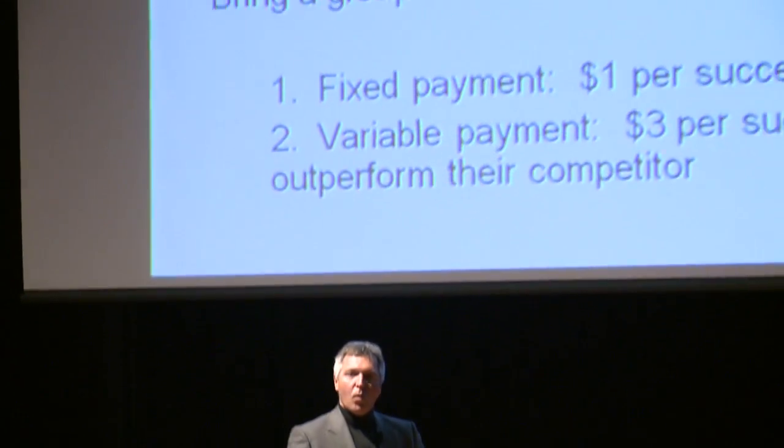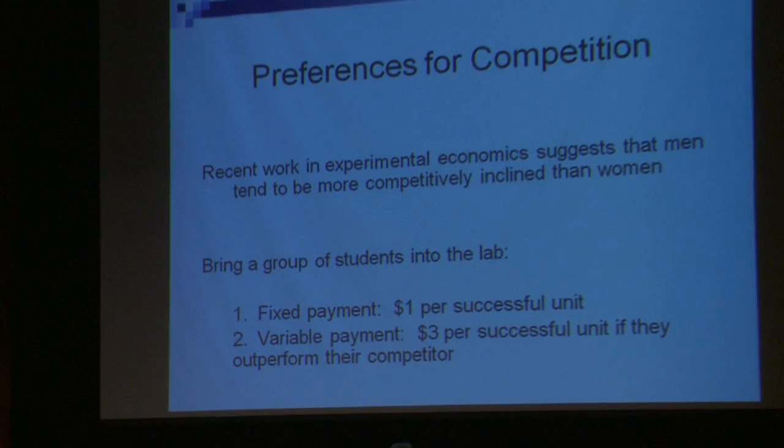They bring a group of students into the lab and they have them complete a task, let's say solving anagrams, which, by the way, women are better than men at solving, statistically. They tell them, you can either choose incentive scheme 1 or incentive scheme 2.